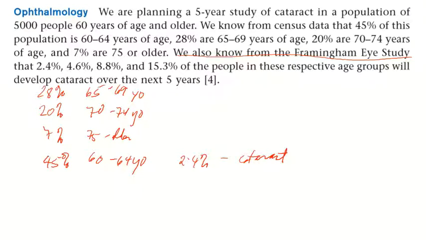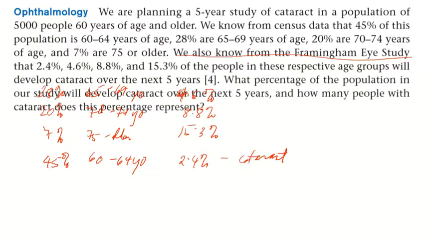And then 4.6% of the next group will get cataract in the next 5 years. So that's the one here on top. And then 8.8% of the next group. And then 15.3% in the last group will get cataract in the next 5 years. Okay? So the question is, what percentage of the population in our study will develop cataract over the next 5 years? And how many people with cataract does this percentage represent?